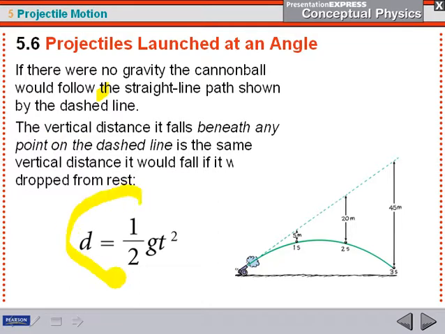Guess what equation we're going to use? d equals 1/2 g t squared. The distance it's fallen from the idealized path at t equals 1 second is d equals 1/2 g times 1 second squared, which will be 5 meters. After 2 seconds, it'll be 20 meters. After 3 seconds, it'll be 45 meters. It's as if it's falling from free fall.